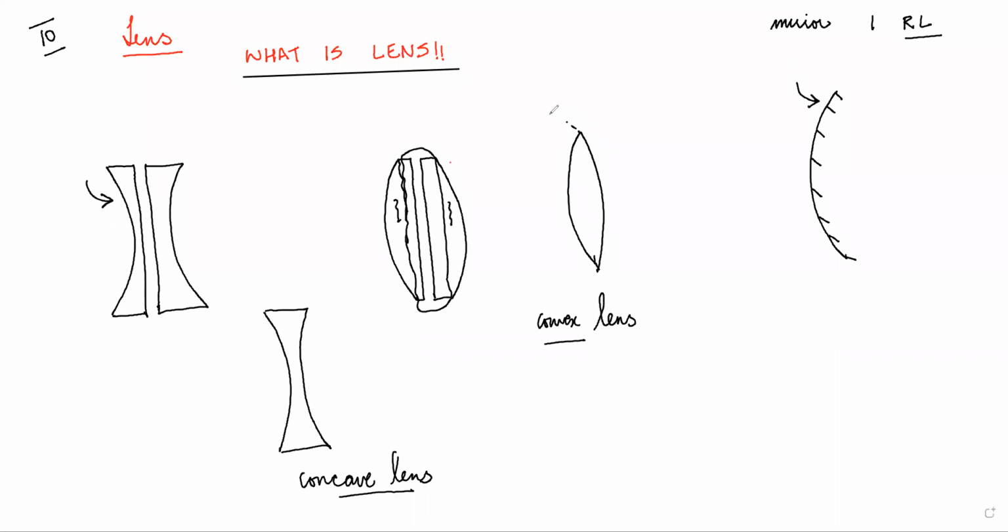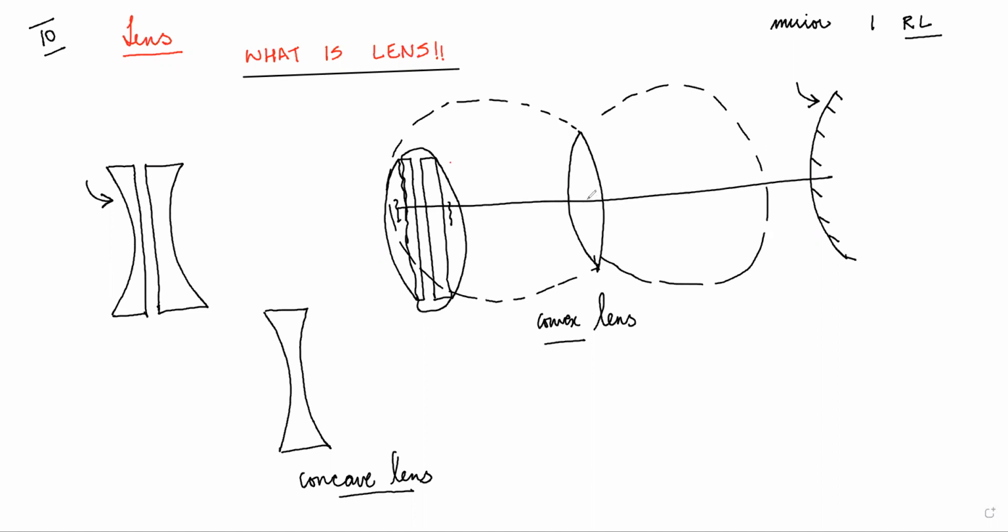So every mirror has its own sphere. If we take a common principal axis, the center of the convex lens is known as the optical center. We write it as O.